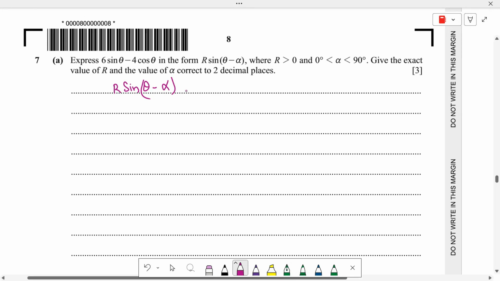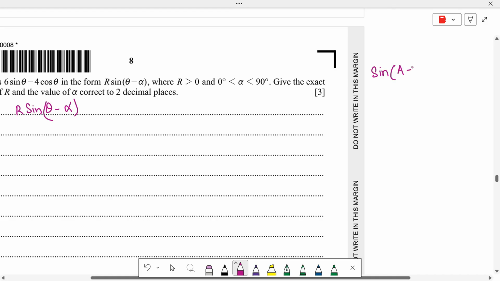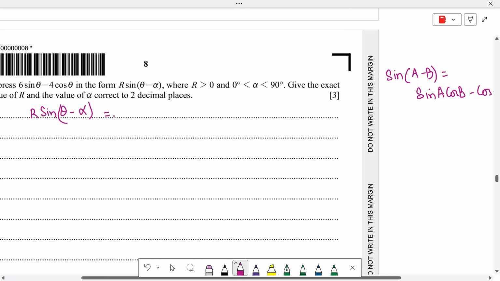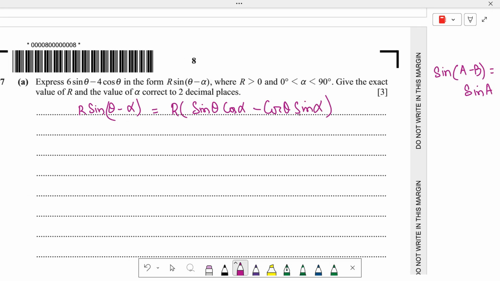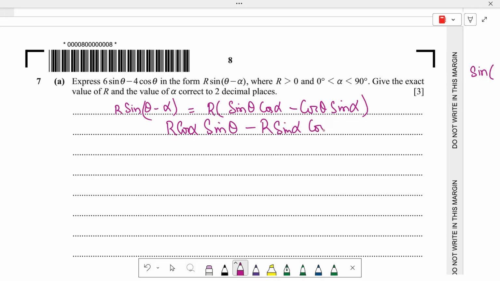When we apply sine (theta minus alpha), we know that sine (A minus B) is equal to sine A cos B minus cos A sine B. By applying this identity, we will have r sine theta cos alpha minus cos theta sine alpha. This is equal to r cos alpha sine theta minus r sine alpha cos theta.